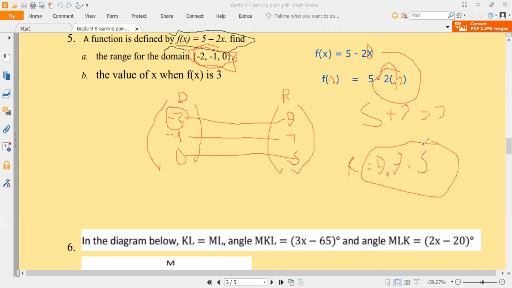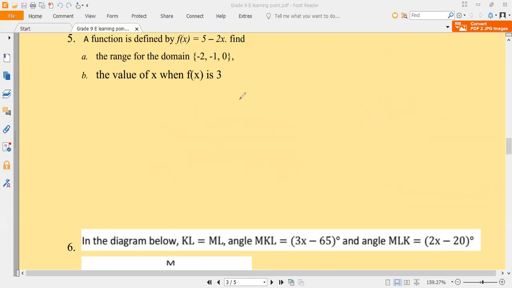Very, very simple. Then the other one is talking about f of x being 3. Now, what is going to be the value of x? The question says f of x is given by 5 minus 2 multiplied by x.